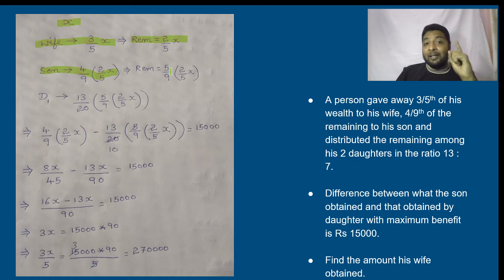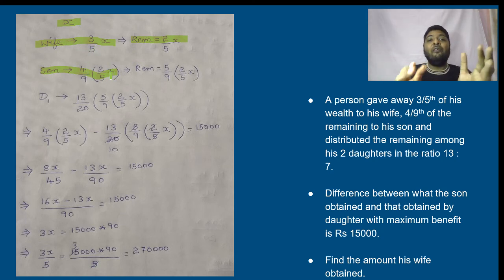What is remaining? This is a place where most people might commit a mistake. 4/9 of 2/5X, if you simplify at this point, you will get 8/45X. And if you just say the remaining is X minus 8/45X, which is nothing but 37/45X, then it is wrong, because the remaining is not X minus 4/9 into 2/5X, it is X minus 3/5X minus 4/9 of 2/5X.